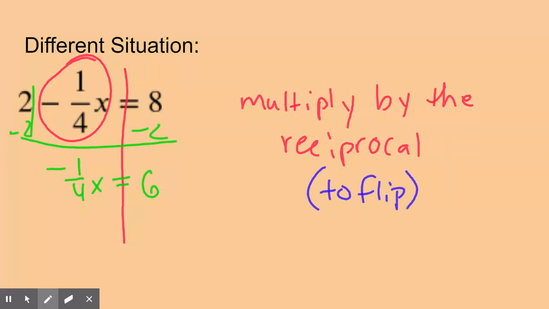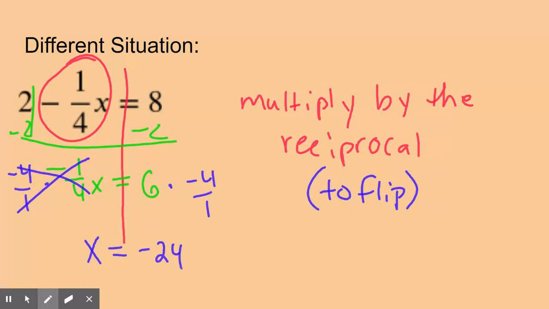So the reciprocal of negative 1/4 would be negative 4/1. I'm going to do that to both sides. So on the left, the fractions cancel, and I have x left over. And then 6 times negative 4 gives me negative 24. Once again, this is probably the hardest situation because we will forget to multiply by that reciprocal.